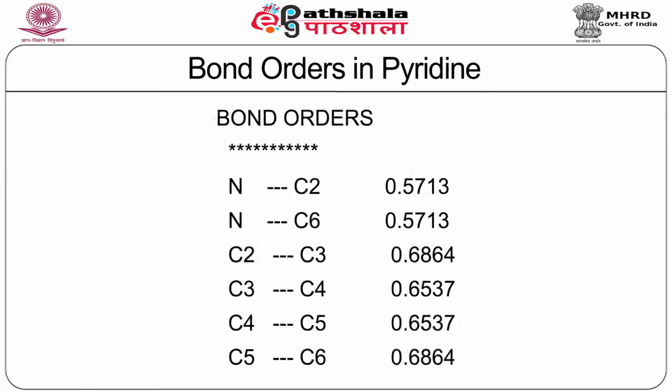The bond orders of pyridine look like this. We can see that the NC bond orders are less than the CC bond orders.